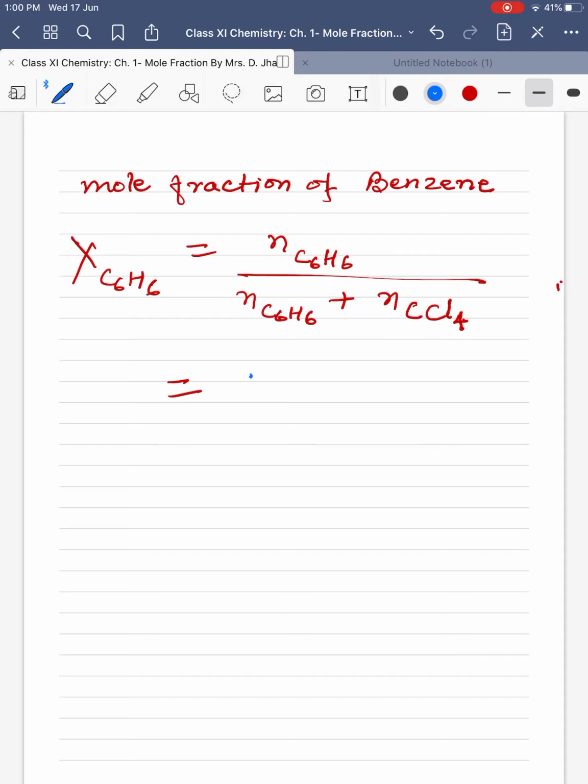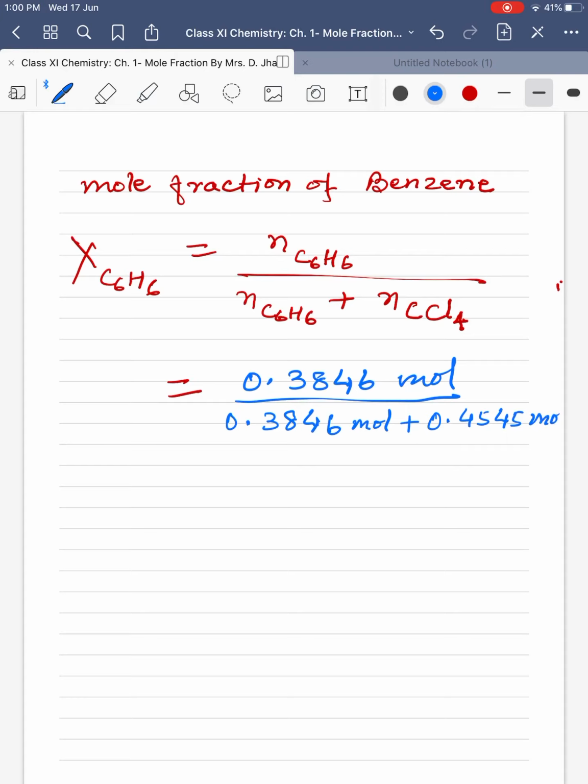The number of moles of benzene is 0.3846 mole, and the total is 0.3846 mole plus 0.4545 mole.